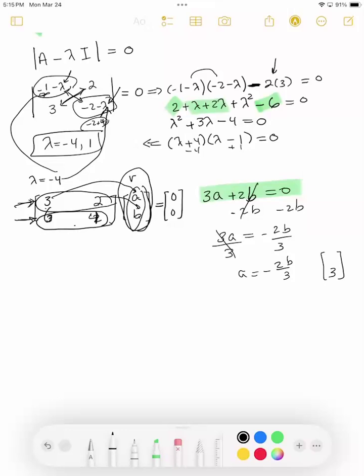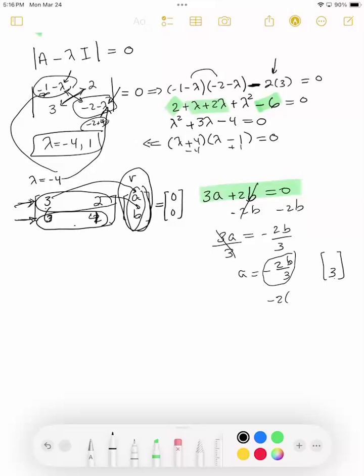I picked 3. You could pick -3. Why did I pick 3? Because I have a fraction and I don't want to end up with a fraction because I don't like fractions. Otherwise, it's perfectly fine to have a fraction. So I put a 3 here for B.